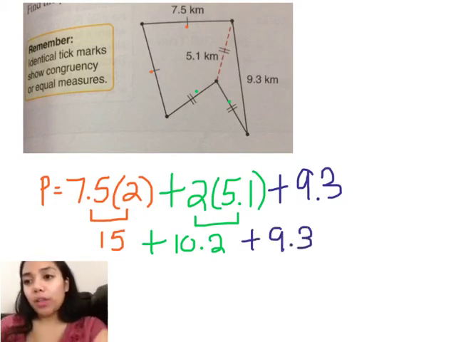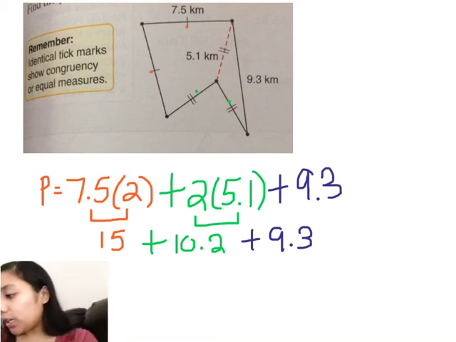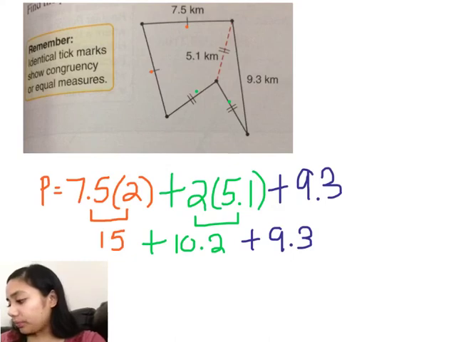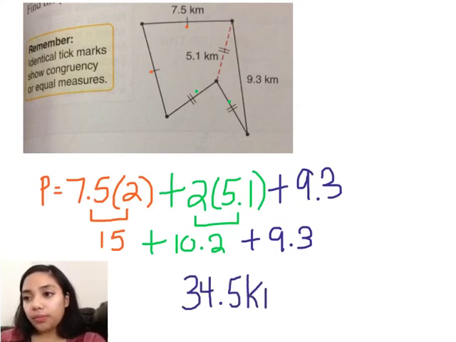Now I just add, make sure you line up your decimals. 15 plus 10 2/10 plus 9 3/10. You should get 34.5 kilometers.